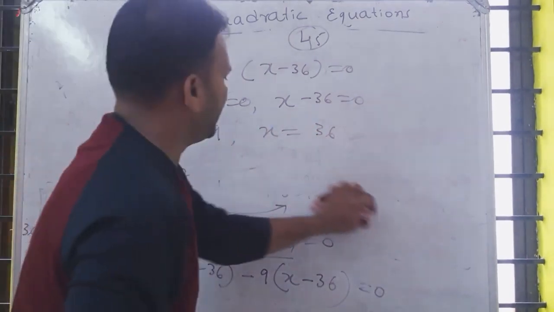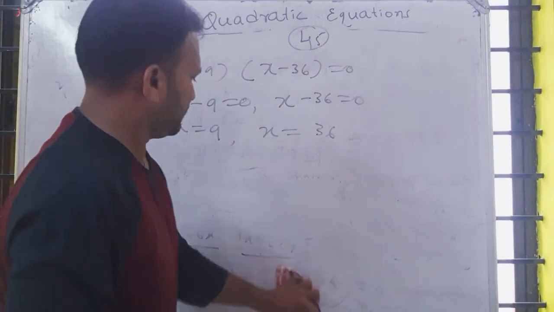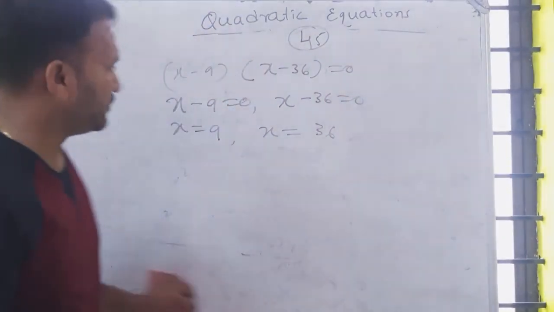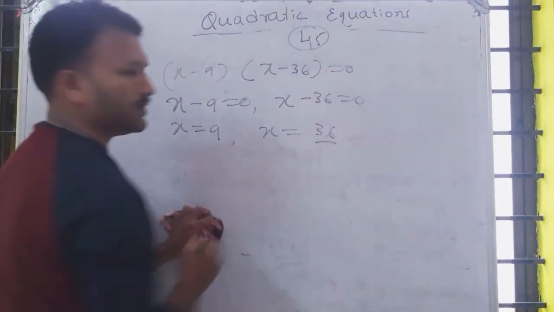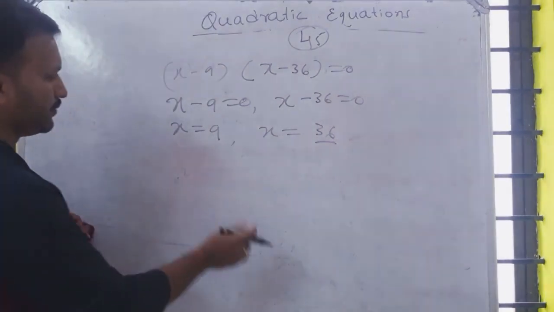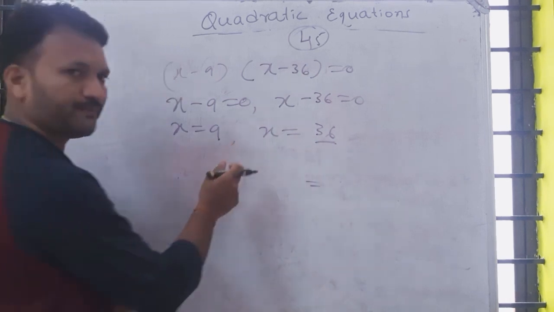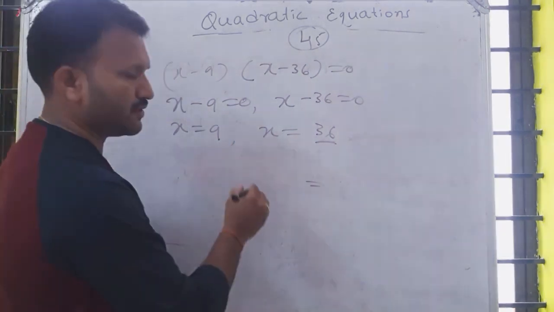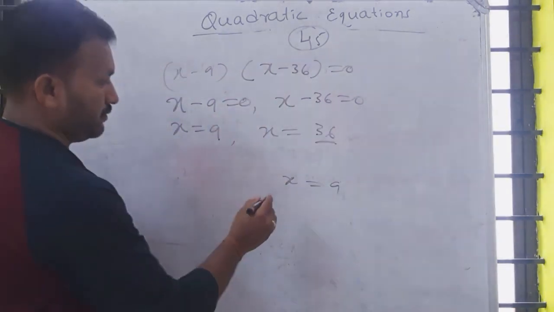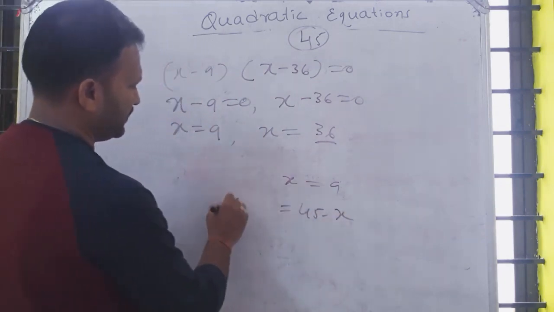That is, they may have 9 marbles or 36 marbles. So if John has 36 marbles, then how many will Jivanti have? Suppose initially we took x as the marbles of John. So x is equal to 9. Then in that case Jivanti had 45 minus x, isn't it?